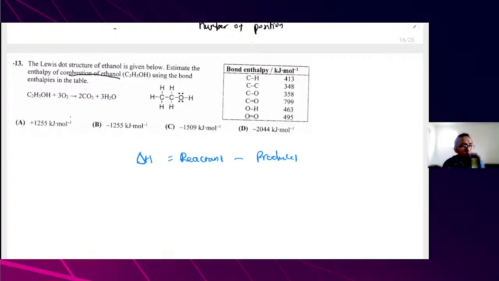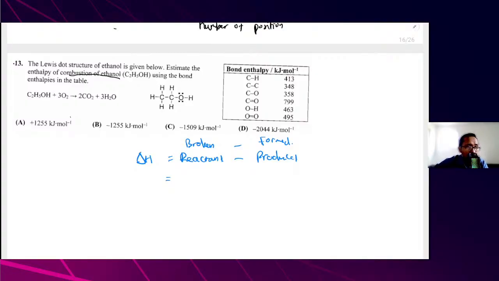So just remember, when calculating enthalpy change using bond enthalpy, we need to break bonds first, and then afterwards we need to form them. As you can see, count one by one and list the bonds from the reactant or from the product.